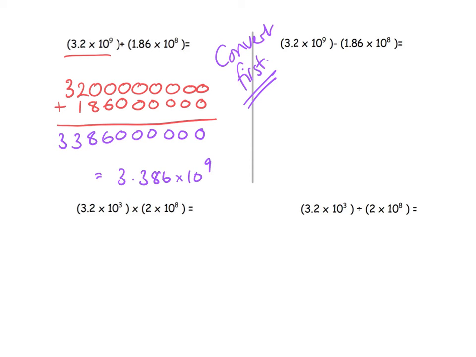Okay, and the same works with the subtraction. You're going to convert both of them, but it's the same numbers as before, but instead we're going to subtract. So again, line everything up. 1, 2, 3, 4, 5, 6, 7. This time we're going to subtract.